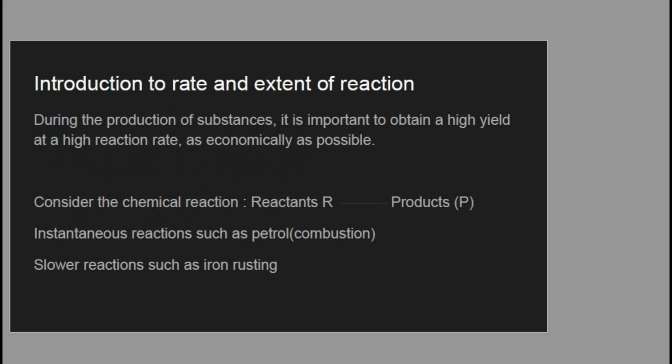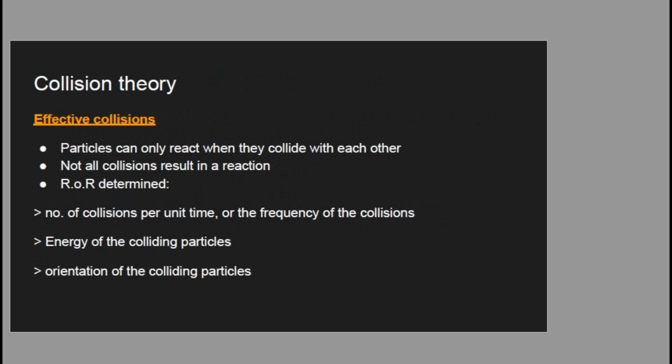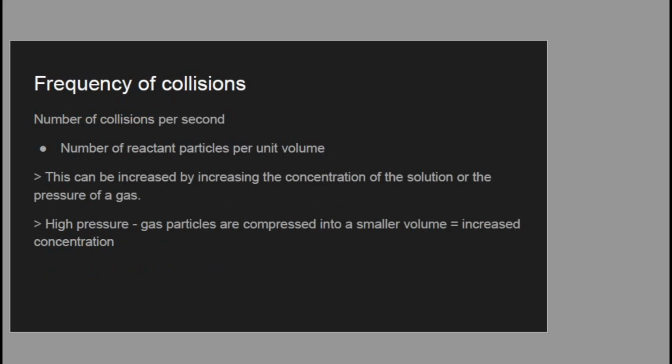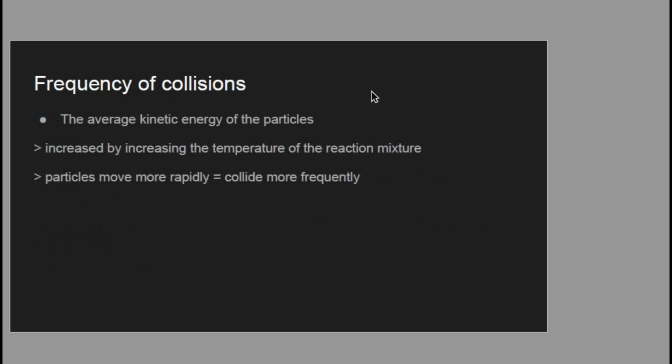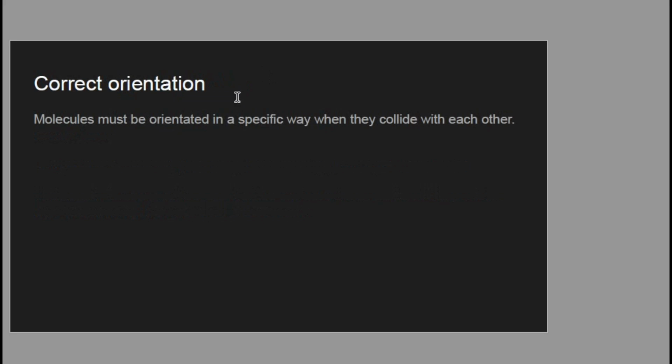And we looked at the introduction to rate and extent of reaction, what is meant by rate of reaction. We looked at collision theory. We did go through frequency of collisions, and we went through energy of particles, and we also went through correct orientation.